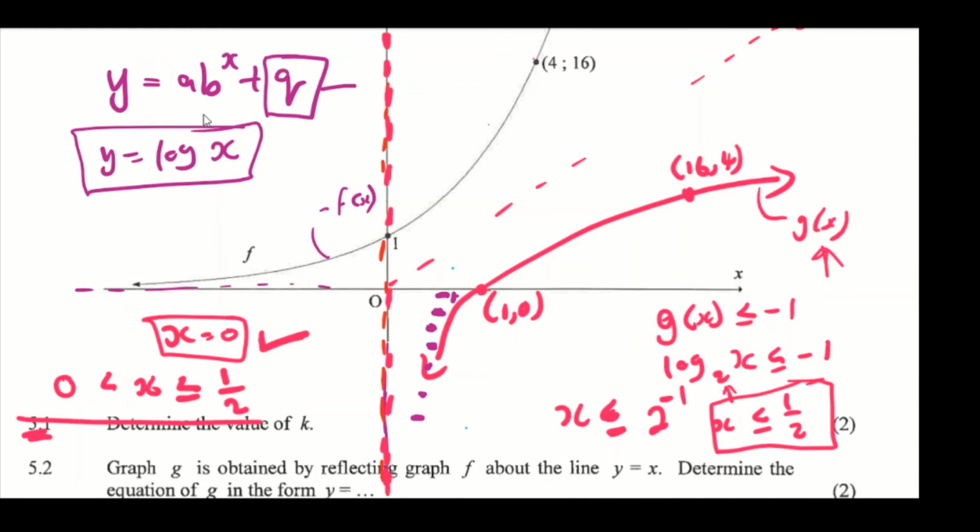So this is going to be your solution for this problem, where the graph will not touch the y-axis when x equals 0, and you will get your -1 solution at x equals 1 over 2. So this is the solution for this problem here. When x lies between 0 and a half, you will get a solution of y which is less than 1.